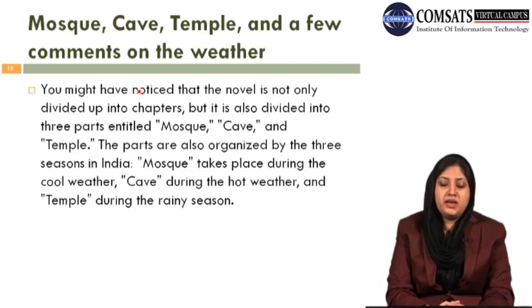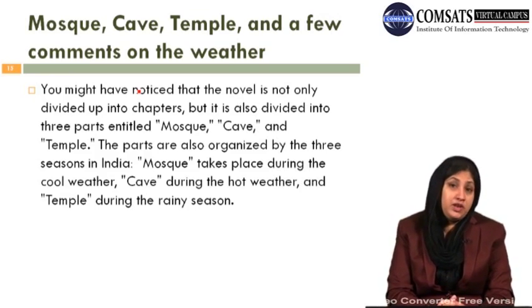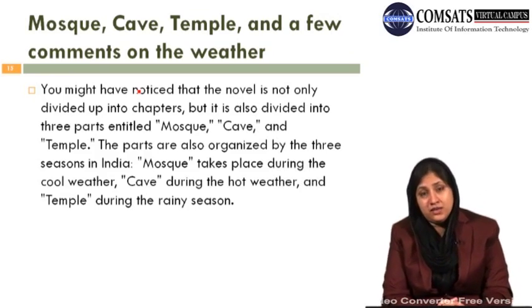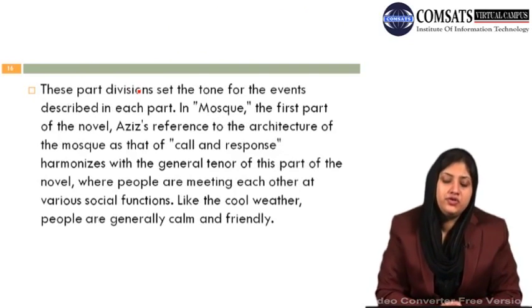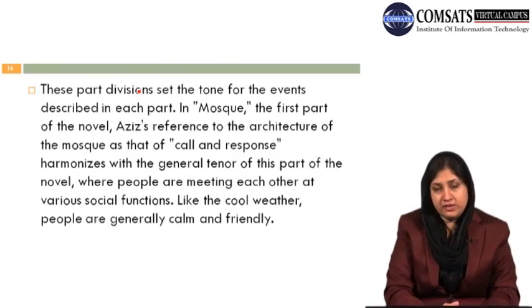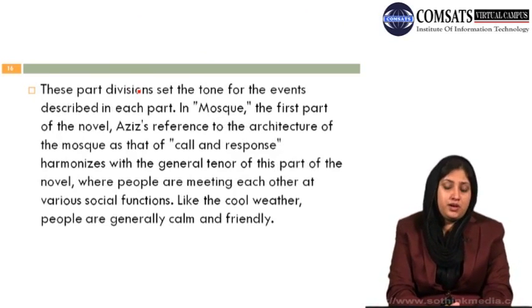The parts are also organized by the 3 seasons in India. Mosque takes place during the cool weather, cave during the hot weather, and temple during the rainy season. So clearly the novel has 3 distinctions of religious structures as well as of weathers. These part divisions set the tone for the events described in each part.